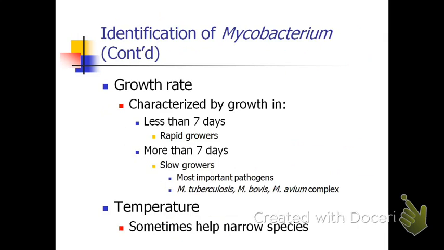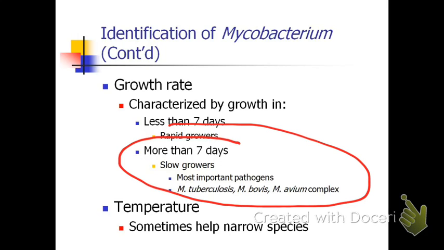Now, growth rate. Mycobacterium tuberculosis is a slow grower, while rapid growers are usually non-pathogenic microorganisms. When we say it is a slow grower, it usually takes more than a week to have a visible colony.